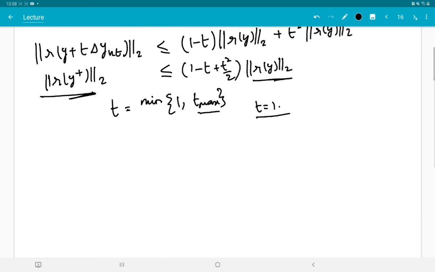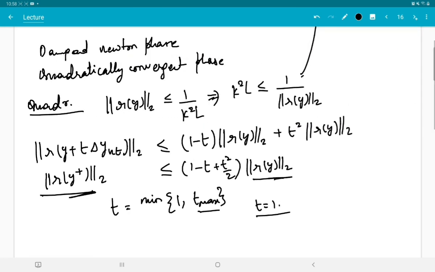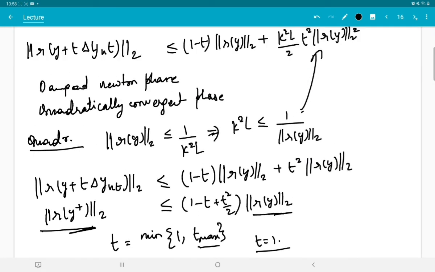And now we can plug in T equal to 1 in this inequality.